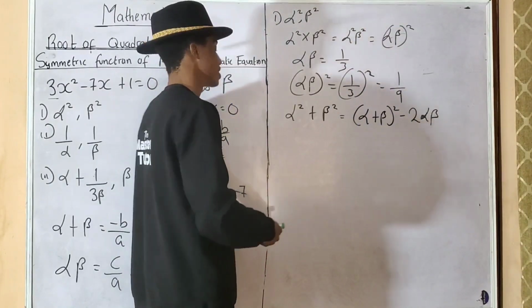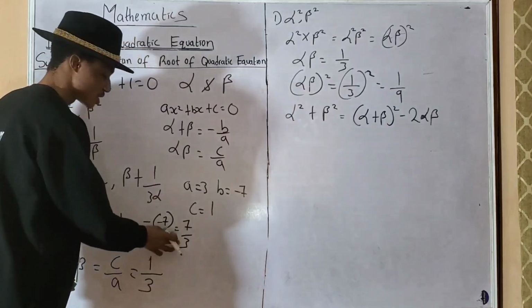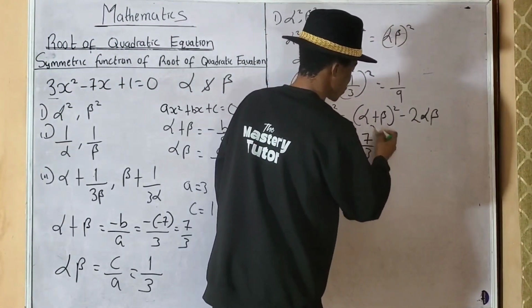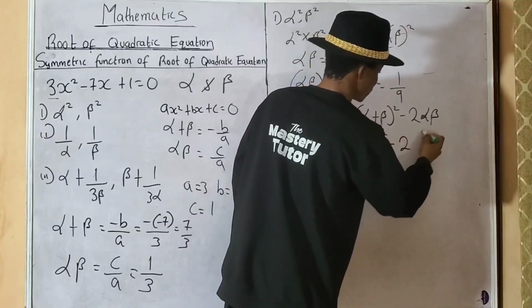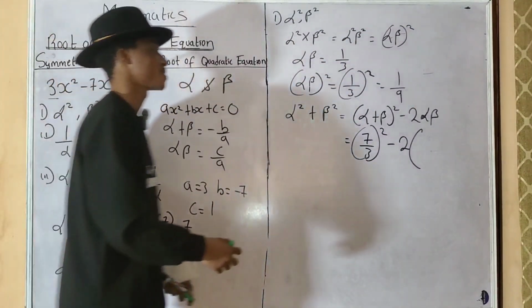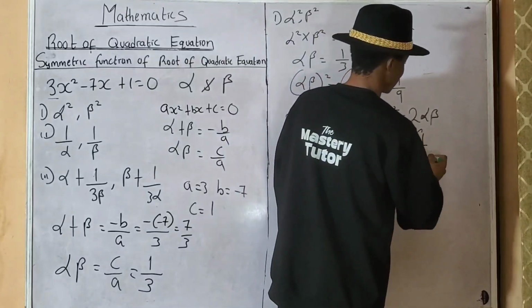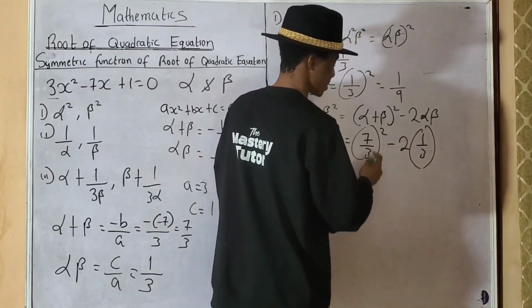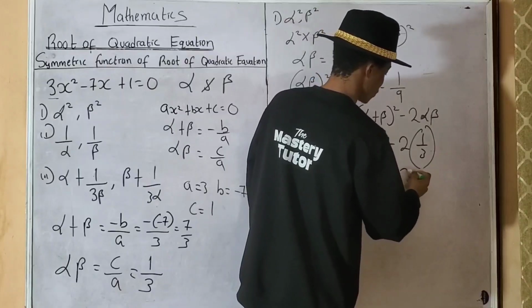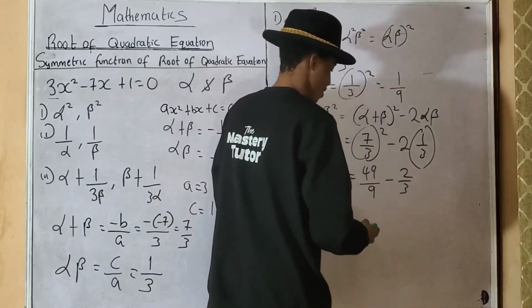Now, since I know that alpha plus beta is 7/3, I'm going to replace it here: 7/3 squared minus 2 multiplied by alpha beta. Alpha beta is 1/3, so I'm going to multiply 1/3. So 7/3 squared is 49/9 minus 2 all over 3. Okay, take the LCM.